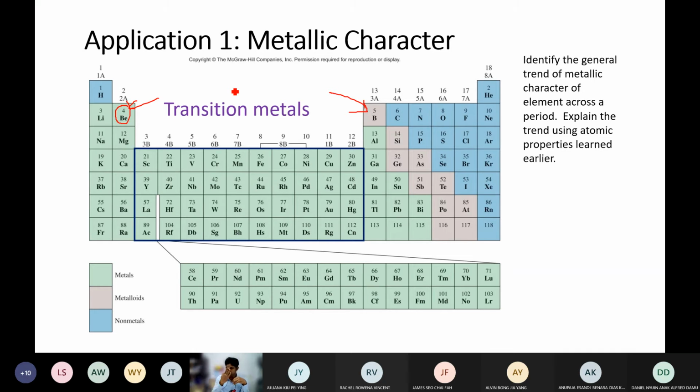Okay. So metallic character is increasing for the transition metals. We call the transition metals those in between groups 3 to 12 in the modern periodic table. Remember, they are d block elements, and they always try to remove the electrons at the outer shell they have.